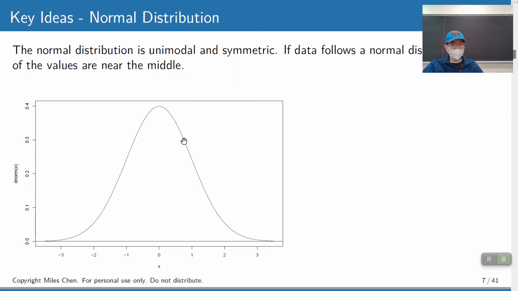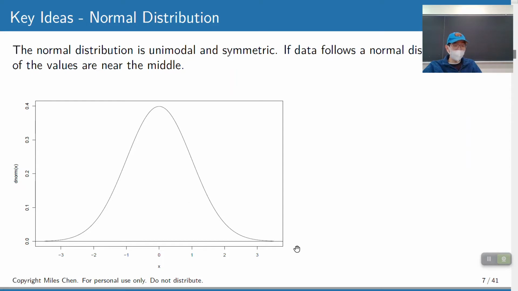And as you go higher above the mean, the probability goes down. And when you're very far above the mean, you have a very low probability. And the same goes in the opposite direction. As you go lower below the mean, the probability goes down, down, down.